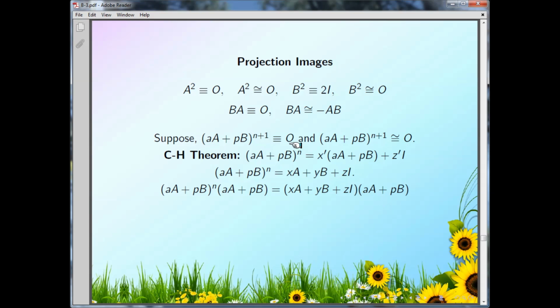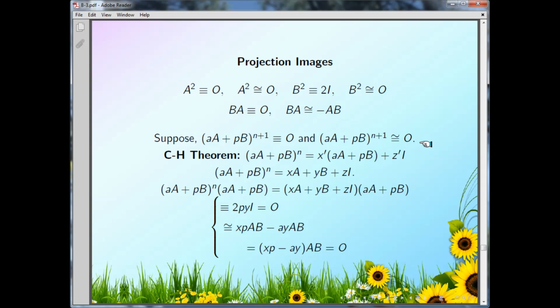B times A has no I component. B times B has a non-trivial I component, so it's 2py. Let me write that down: 2py times I. And we suppose that this is 0. There's no I component there, so we have to assume this is 0 because that's our supposition.